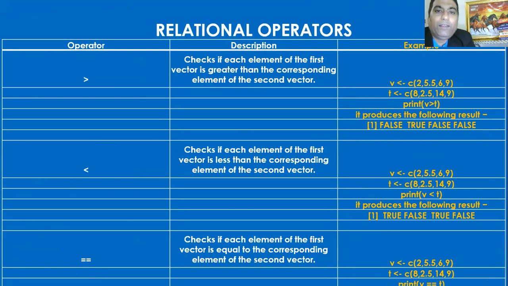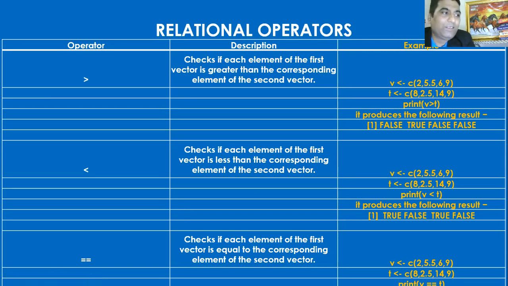One is either from RHS, right hand side, or from LHS, left hand side. So if you see here, it is LHS, left hand side, meaning the elements of C have been assigned to V, so it is going towards the left side. But here in the print V, E, it is assigned on the right side.